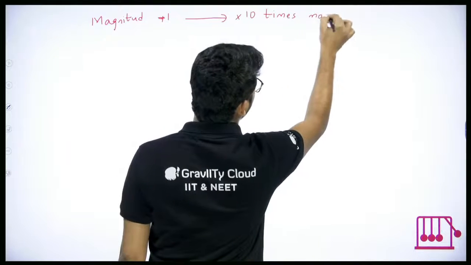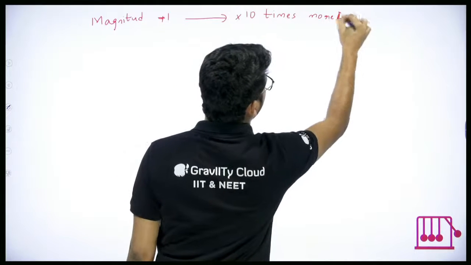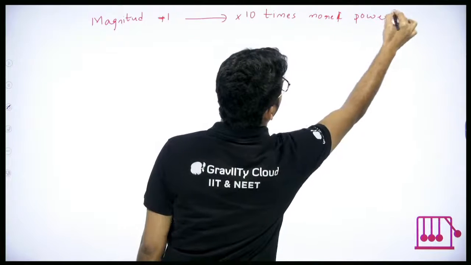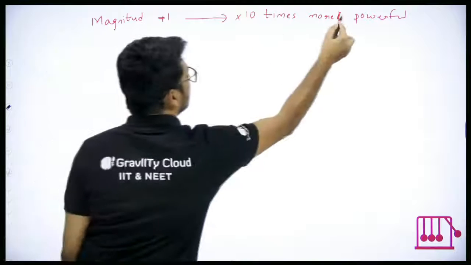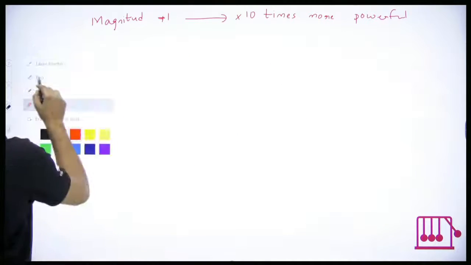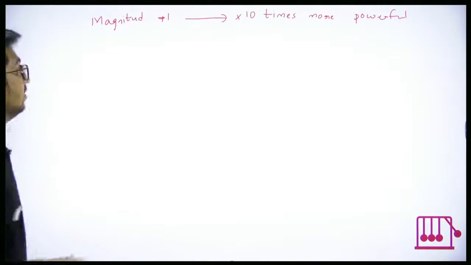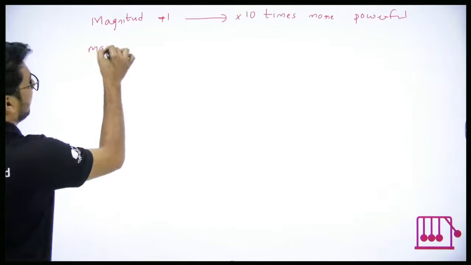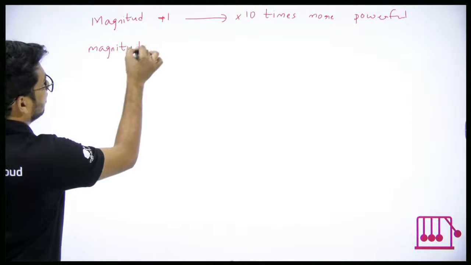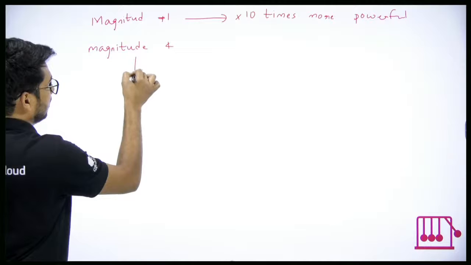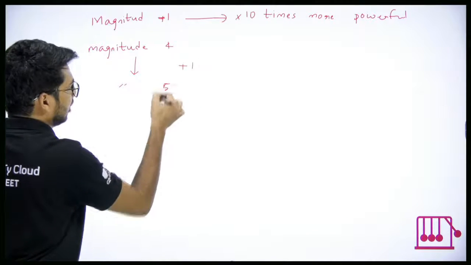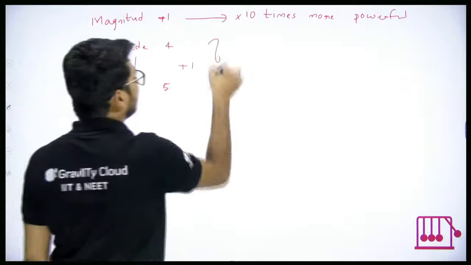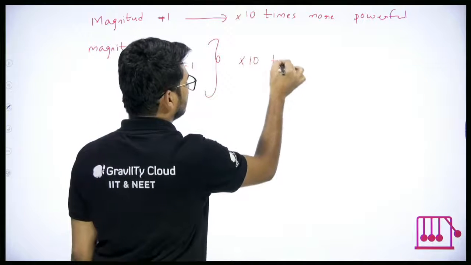So if I compare magnitude, I'll start with 4 and go until magnitude 5. So here it is +1. But +1 will mean what? Into 10 times.